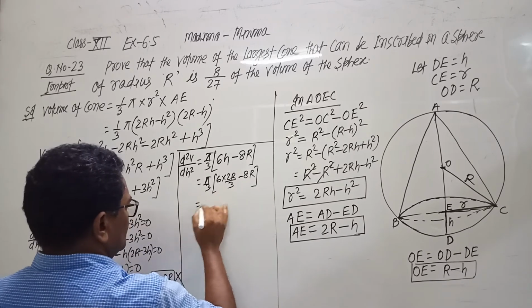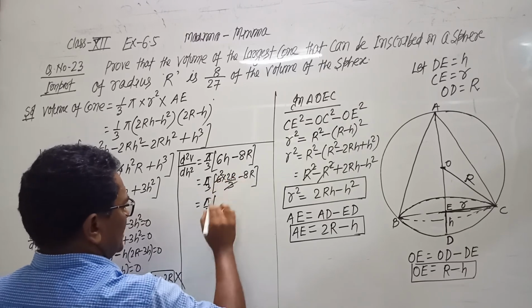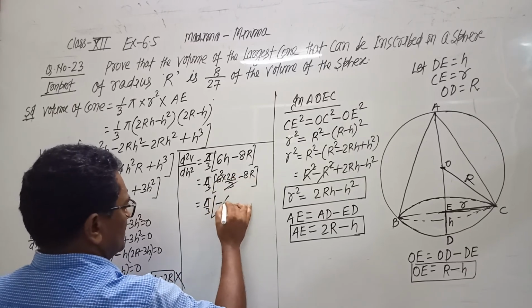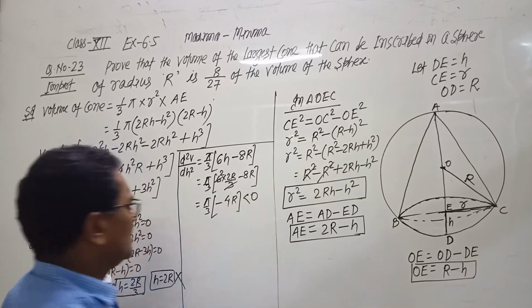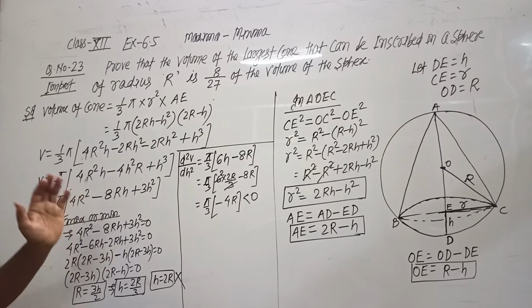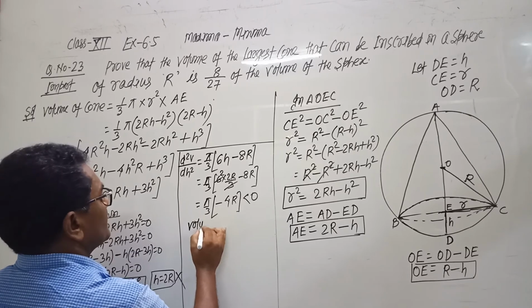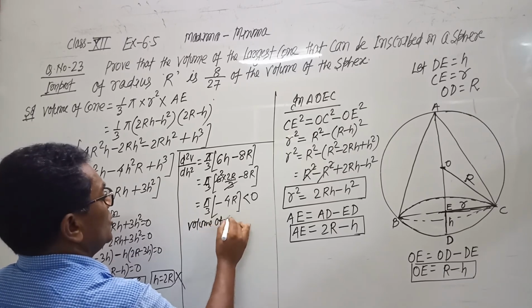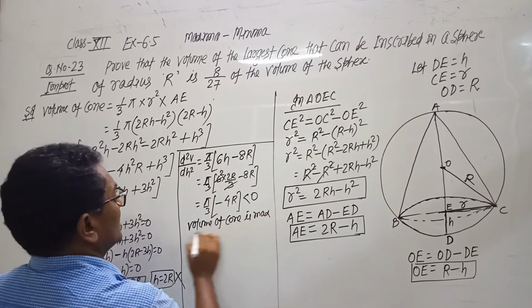So it gives pi by 3 into 3 into 2 is 6, 4r minus 8r, which is minus 4r, which is less than 0. The double derivative is less than 0. It means the volume of the cone is maximum.